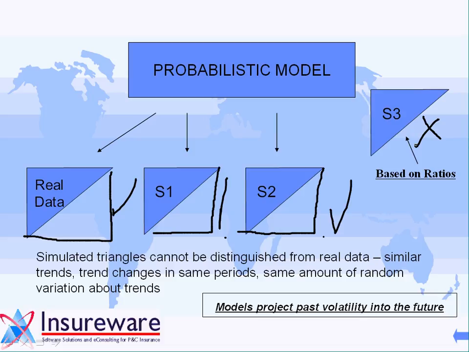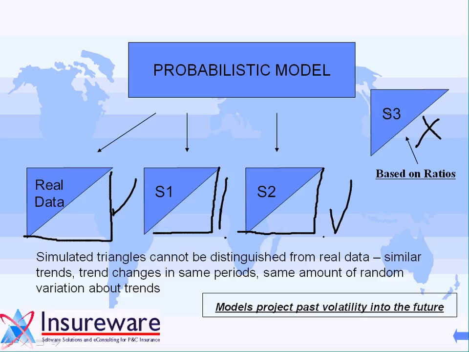What does that mean? It basically means that this one has features not carried by these 3 triangles, and there are features in these 3 triangles not carried by this one. There's no one-to-one correspondence. So S3 has nothing to do with S1, S2, or the real data.